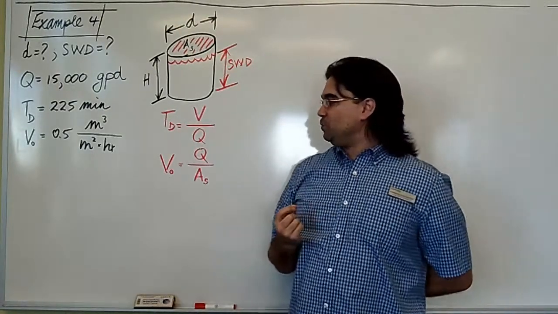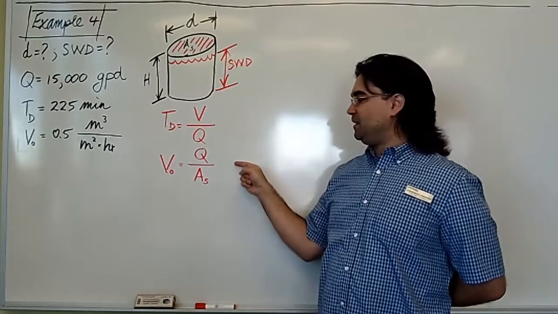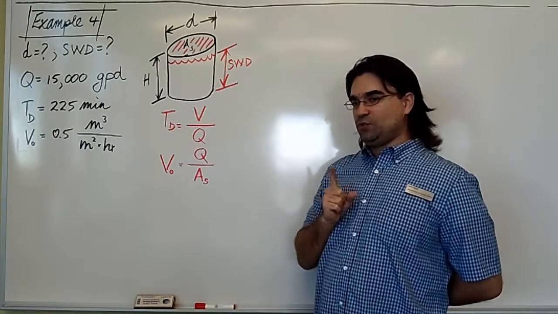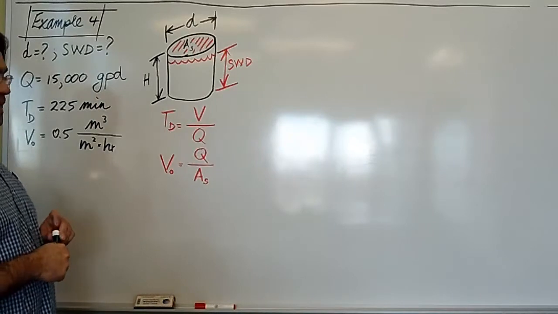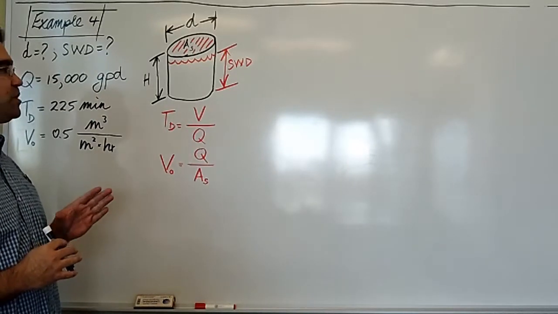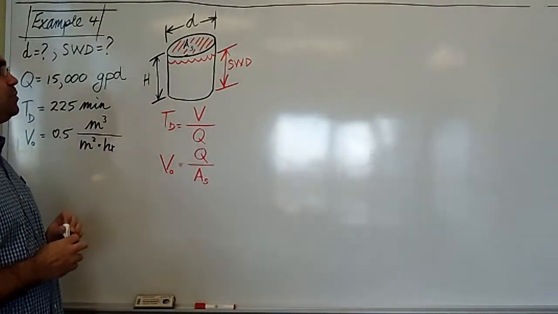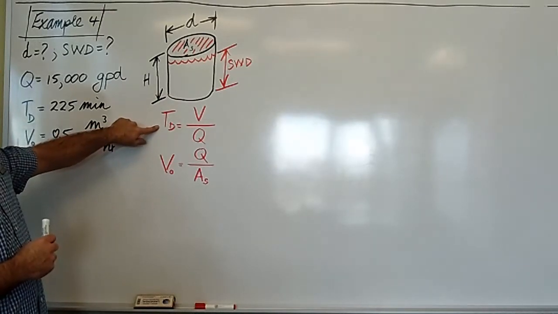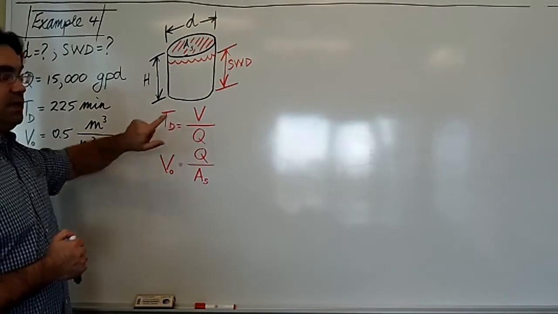Okay, the formulas we're going to be using are these two, the detention time formula and the overflow rate formula. Okay, let's do it. In the interest of keeping this neat and tidy, I'm going to confine most of my work from here on. So the first thing that we're going to do is actually rearrange this formula to compute what the volume of water is going to be in this tank.